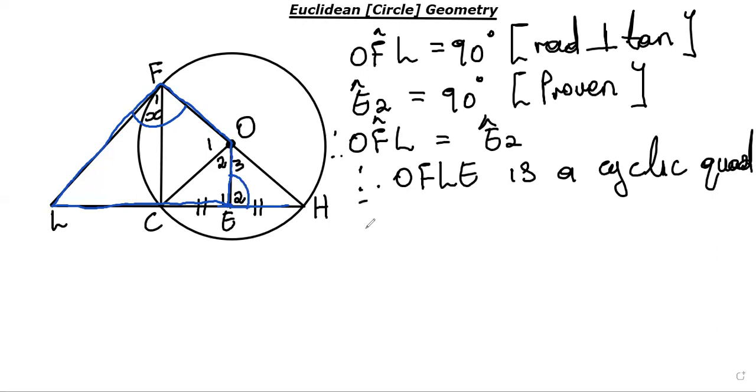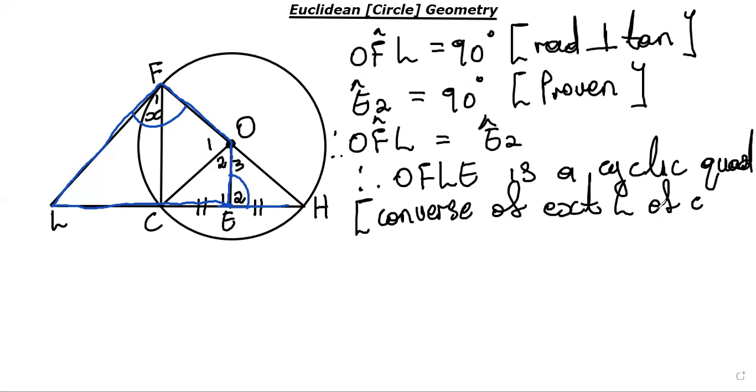So why do you say it's a cyclic quad? Well, this is the converse of an exterior angle of a cyclic quad.